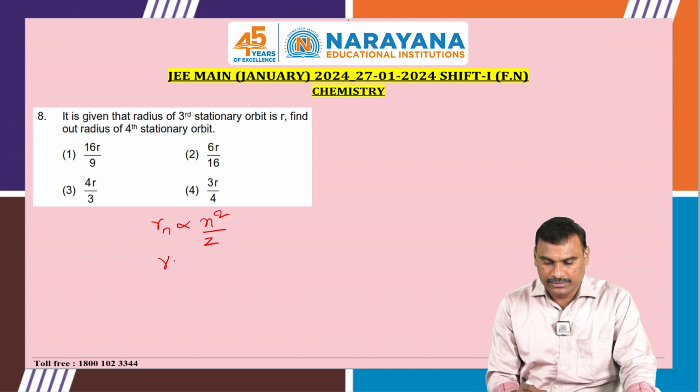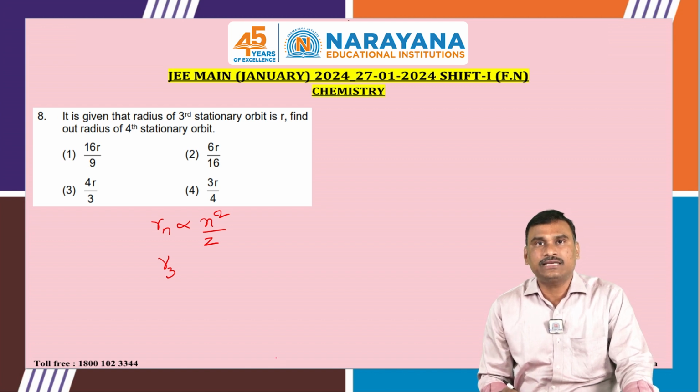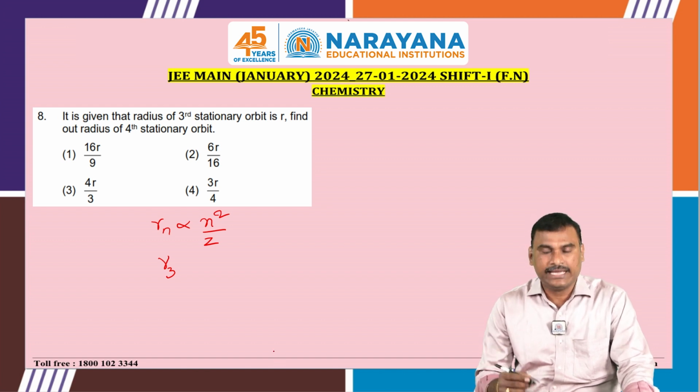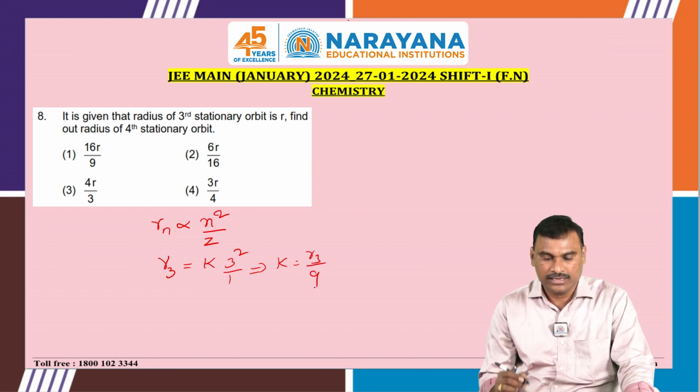Now R3, since it is asking about the third stationary orbit and no atom is mentioned, we can take it as hydrogen. R3 is equal to k into n square, third stationary orbit, 3 square by 1. Therefore, k is equal to R3 by 9.